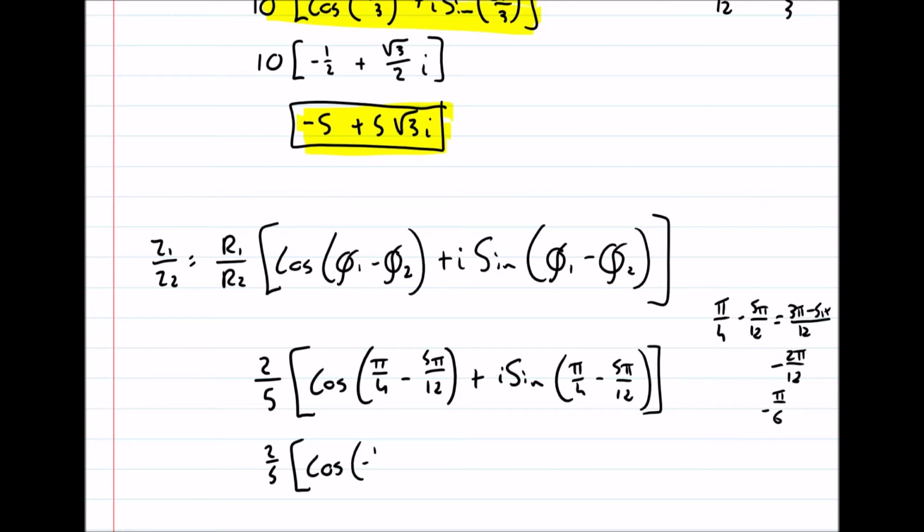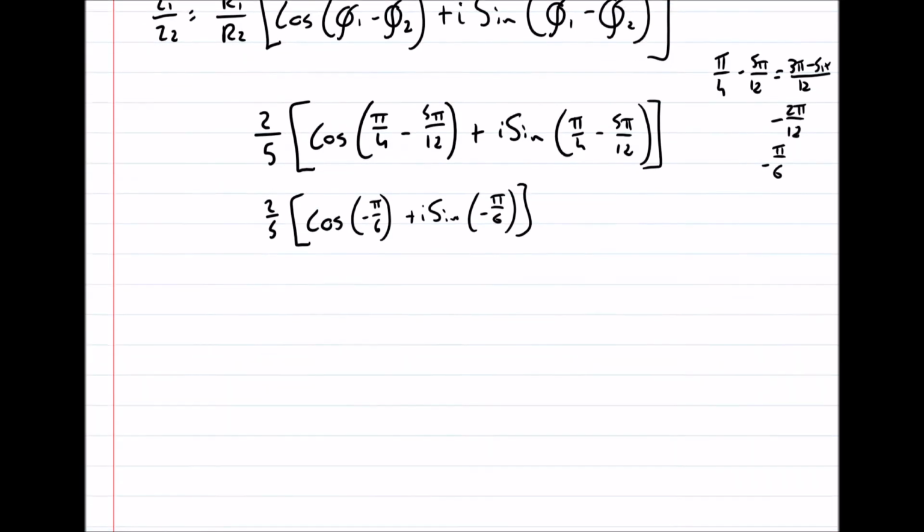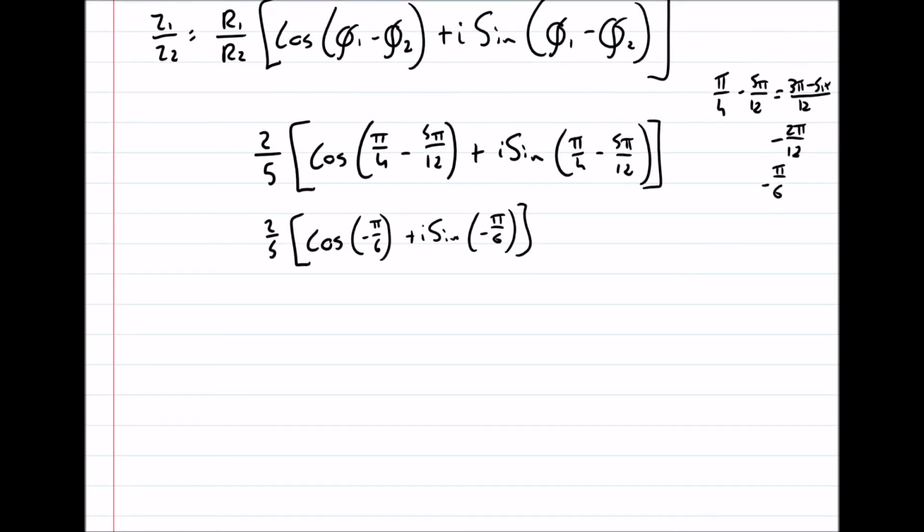So that's cos minus pi over 6 plus I sine minus pi over 6. Okay, and I'll leave it in polar form. If you wanted to, you could change it to rectangular form, but I'm not.